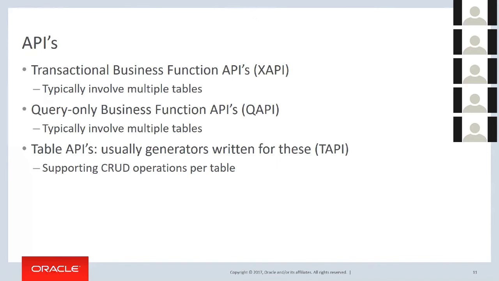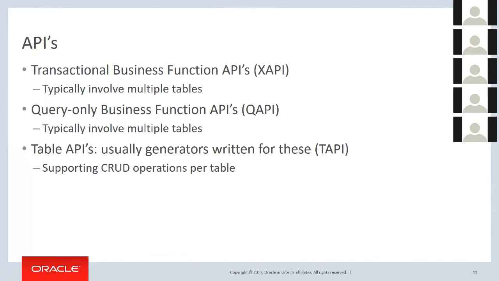And then we have this concept called table APIs, which originates also from the 90s and which typically get created using simple generators that are written in PL/SQL also. At least this is how I recall them, they were used to support CRUD operations per table.